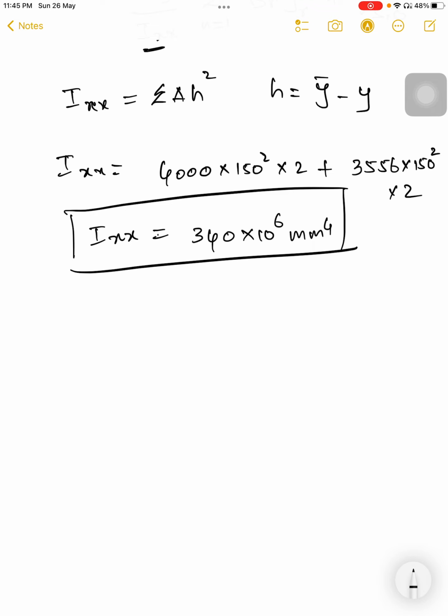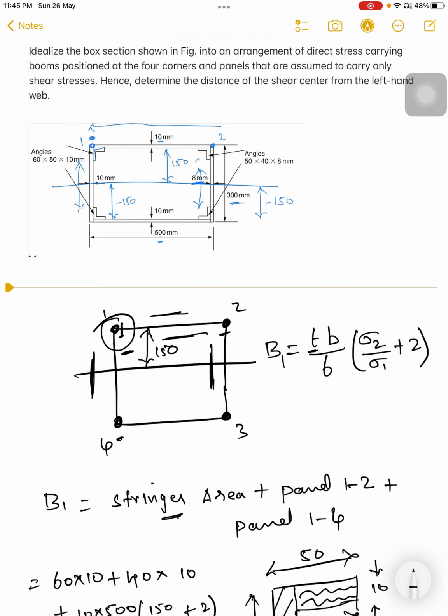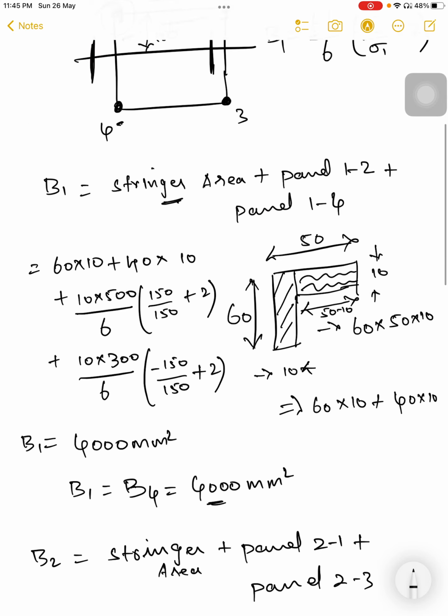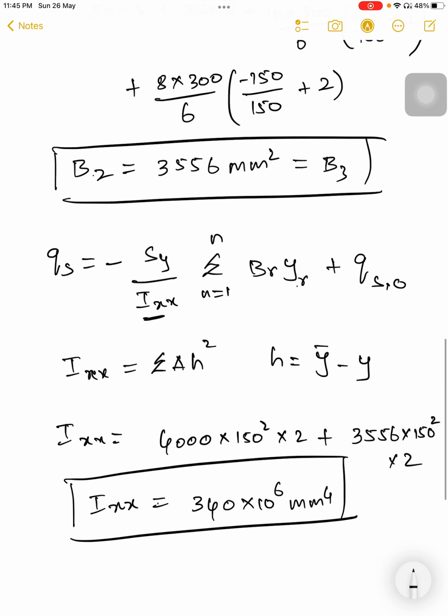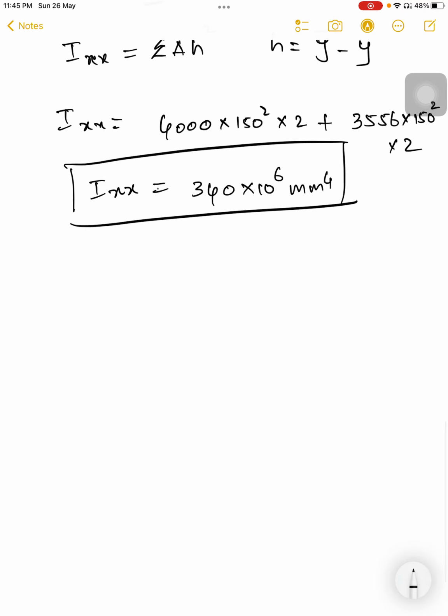So this is our Ixx value, and now we will determine the Q12. First we will make a cut in Q12, and we will start determining the Qs for the open section. Q12 will be equal to 0, as it is the starting point of the open section.